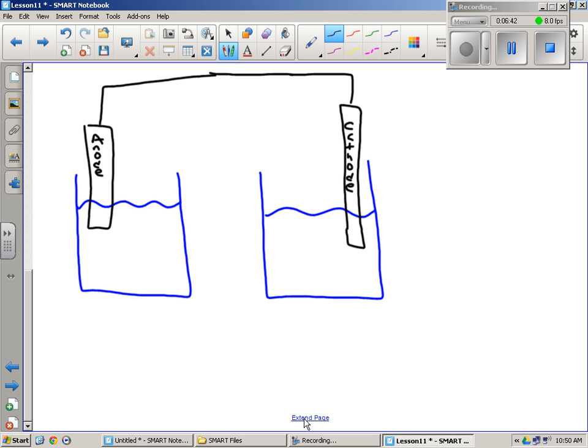Now, the anode, let's think about this for a second. Which way do the electrons go, I guess, is the question in this case. It's actually in your notes coming up here.